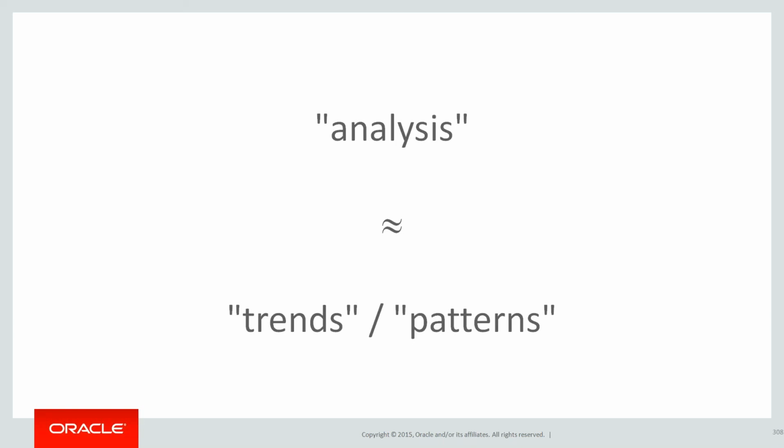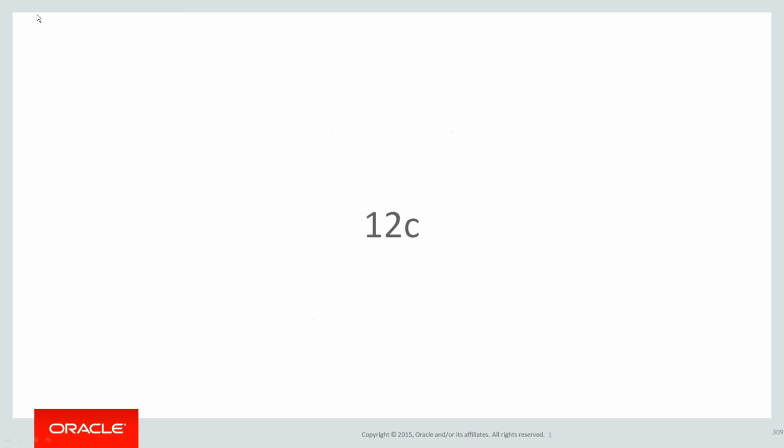But I will finish off with one last thing. A lot of people say it's not really about analytics. When I'm analyzing the data, it's not the analysis that's important. What I'm doing is looking for trends and patterns in the data. And in 12c, once again, in this documentation, we have a whole new chapter on pattern matching.